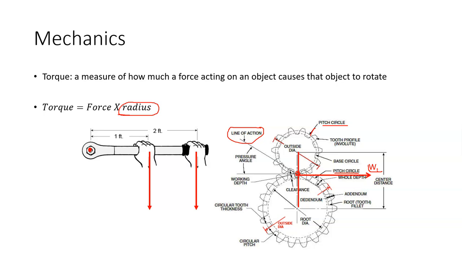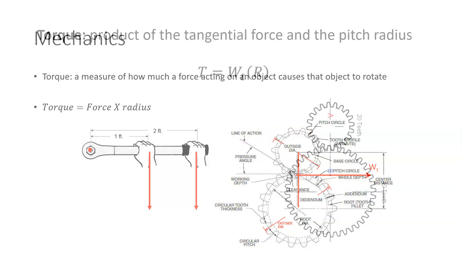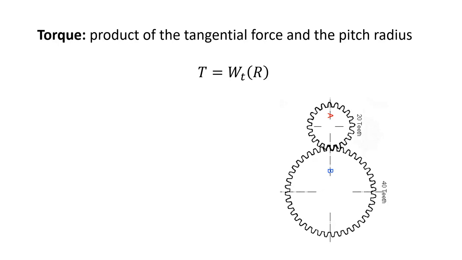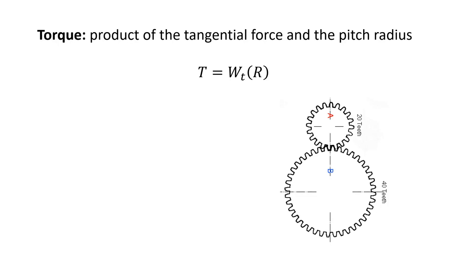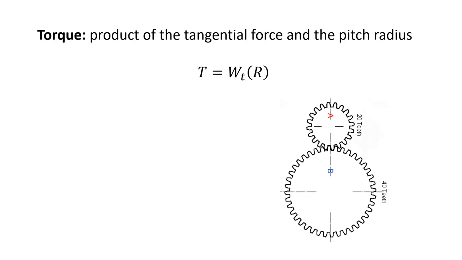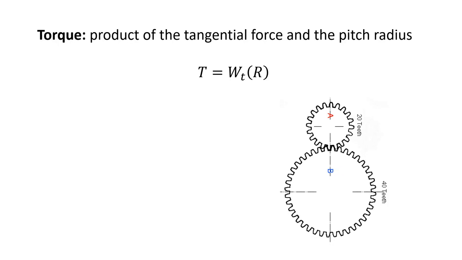There's a tangential force that aligns with the tangential velocity. So the equation looks more like this in certain applications: there's your tangential force, and that's your radius. In gearing, the product of the tangential force and the pitch radius is how you calculate the torque.